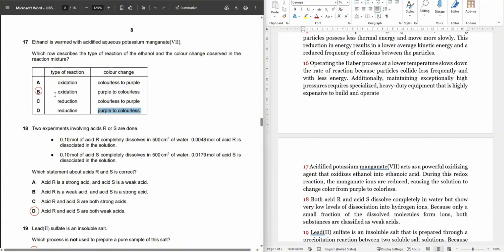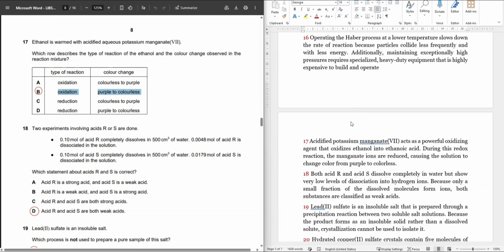So our choice is oxidation and purple to colorless, which is option B. The reason is that acidified potassium manganate(VII) acts as a powerful oxidizing agent that oxidizes ethanol into ethanoic acid. During this redox reaction, the manganate ions are reduced, causing the solution to change color from purple to colorless.